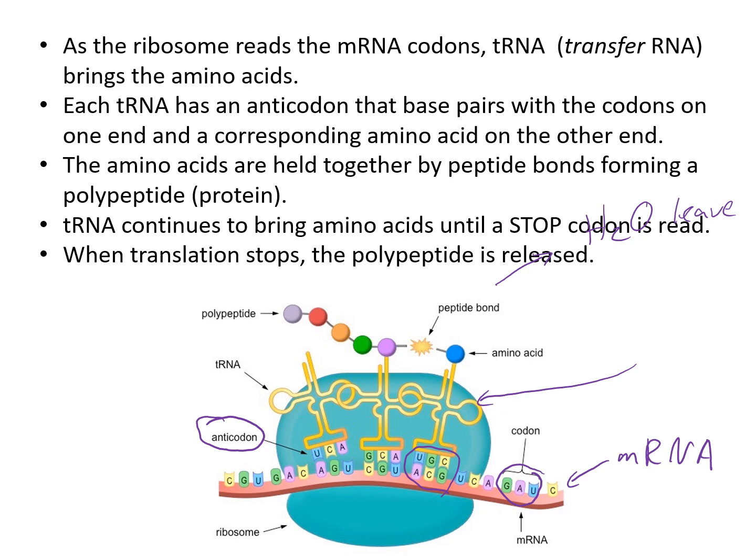Then translation stops and the polypeptide is released. The polypeptide is a fancy way of saying essentially the protein, or a primary structure. It's the chain of amino acids.